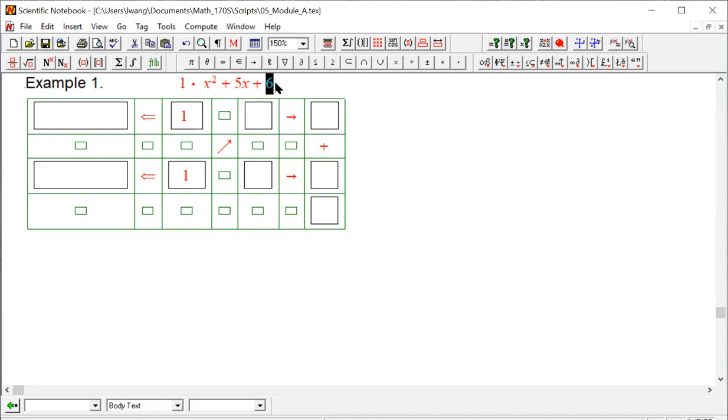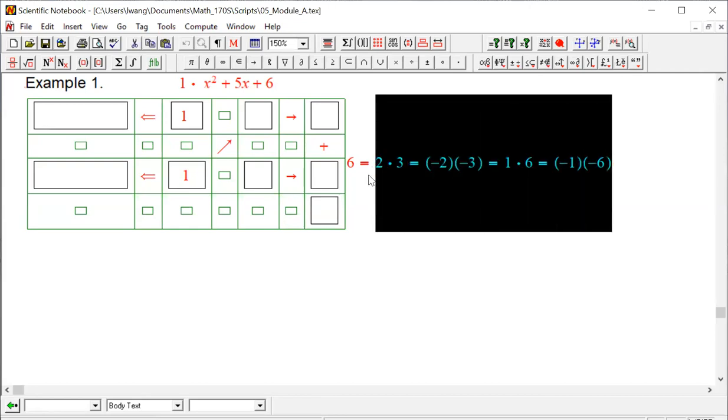And the constant, which is 6, can be written as 6 equals 2 times 3, -2 times -3, and it could come in a different order: 3 times 2, -3 times -2, or 1 times 6, -1 times -6, etc. So there are all these different ways of getting 6.